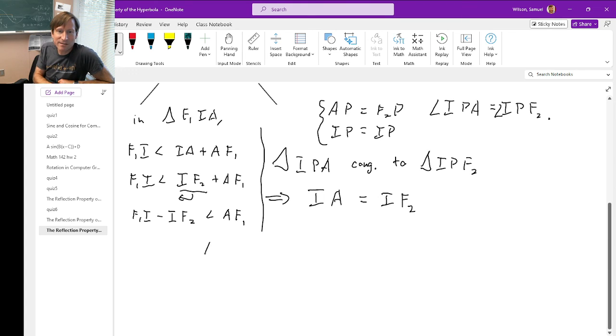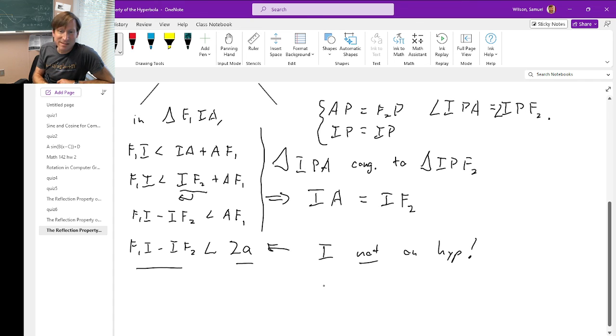So the right-hand side of this inequality is 2A. And then what about the difference of the distance from I to F1 and I to F2? Well, this is the difference of the distances from I to each focus, right? If I were on the hyperbola, this difference would be equal to 2A, but it's not. So because of this inequality, the point I is not on the hyperbola.